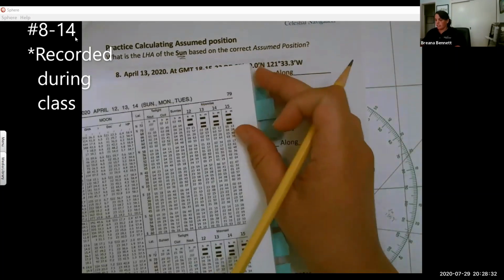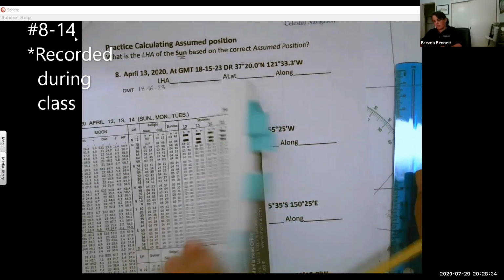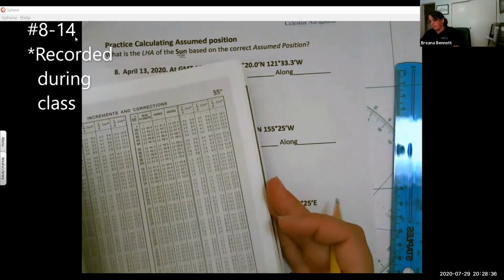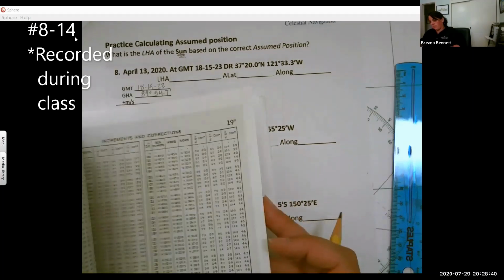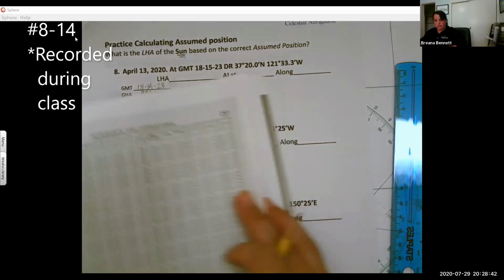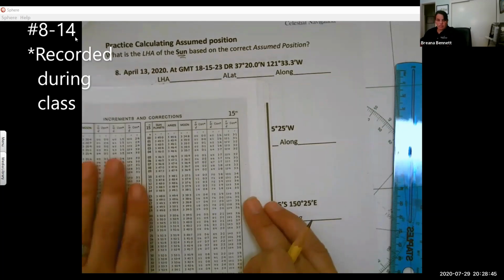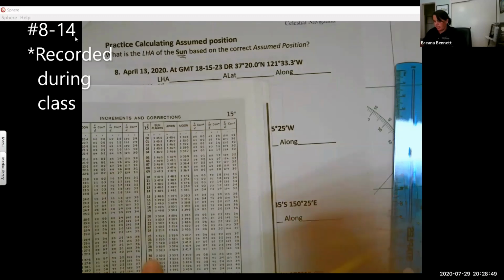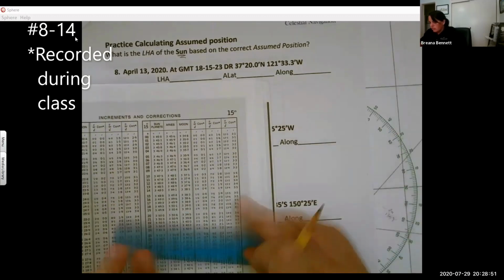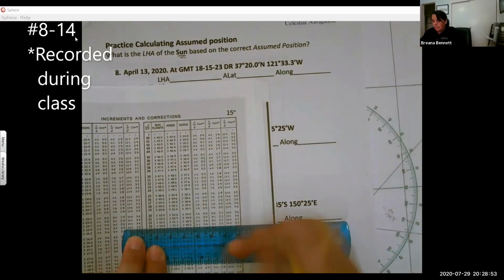I'm going to write that in. And then I need to go to the minutes and seconds. We have 15 minutes and 23 seconds for the sun.